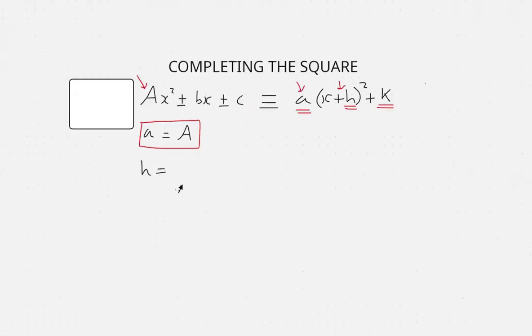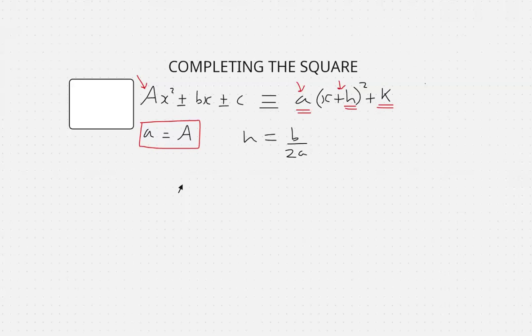All right. So the formula for H is going to be, I'm going to put it on this side, B over 2A. And again, you can see that this B right here is this B right here. So the number you put here is the number that's right here.